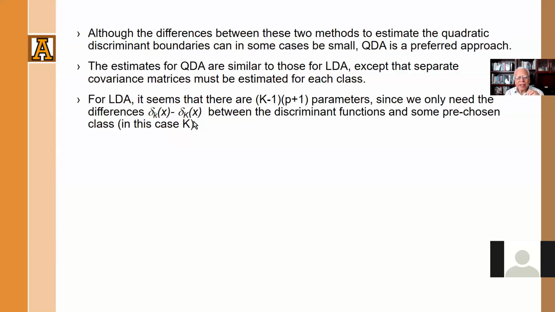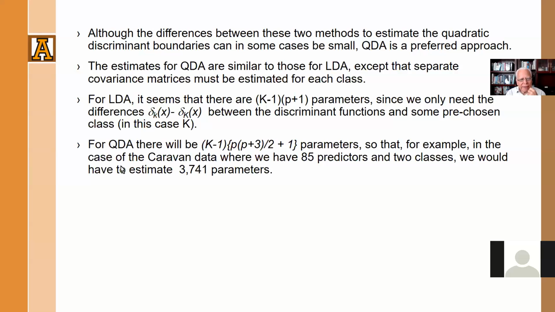So we need only estimate (k minus 1) times (p plus 1) parameters. For quadratic discriminant analysis, we need to estimate (k minus 1), where k is the number of classes, times p, the dimension, times (p plus 3) over 2 plus 1 parameters.